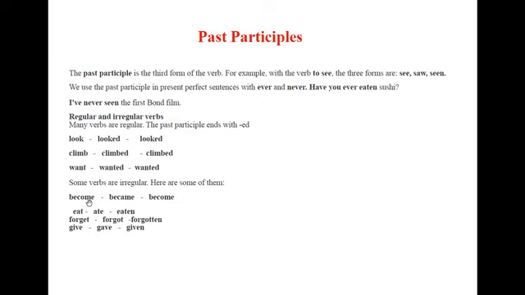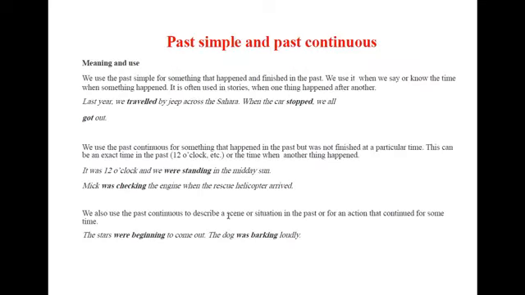Here are some of them, like become, became, become, eat, ate, eaten, forget, forgot, forgotten, give, gave, given. And we have a bunch of verbs. There are around 100 or 98 irregular verbs. You need to memorize them. You need to rewrite them to memorize every single verb.